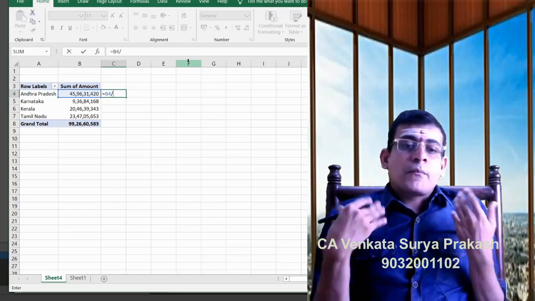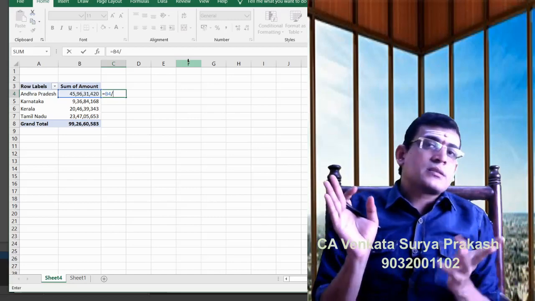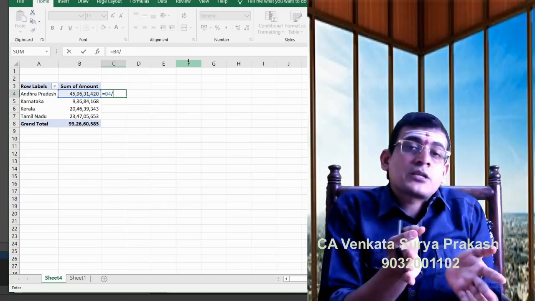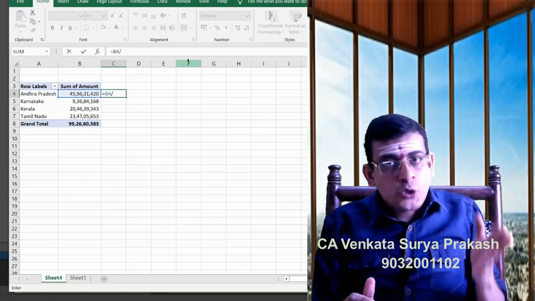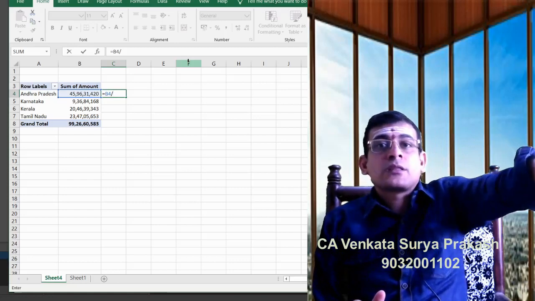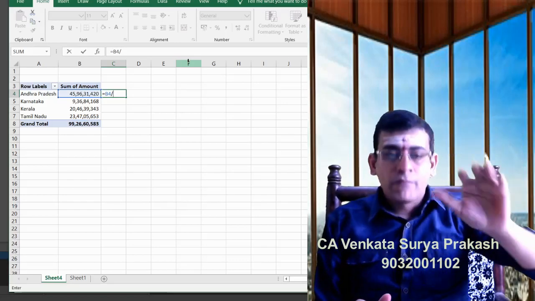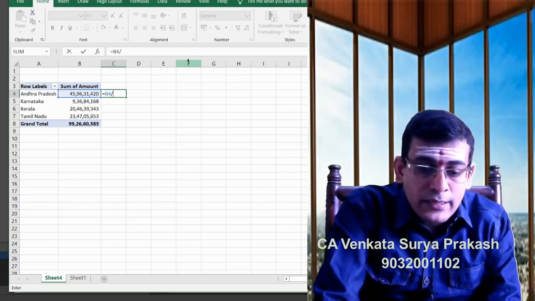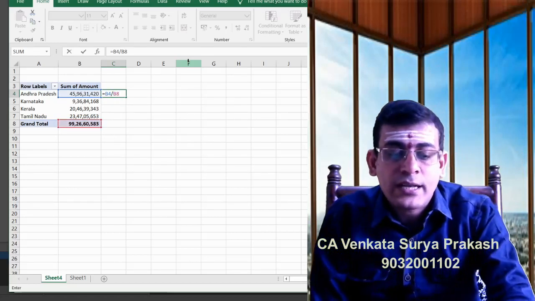If you just say AP is this, Karnataka is this, the management does not have much time to calculate the percentage. So you should prepare a summary and give it to the management. That is what is called a management information system. We'll come into that.